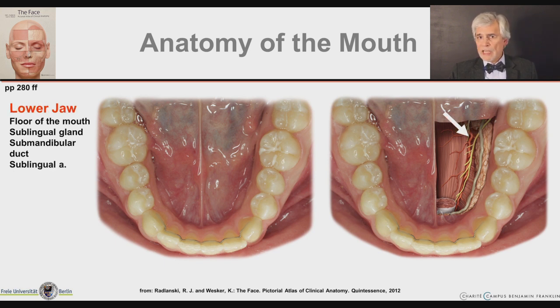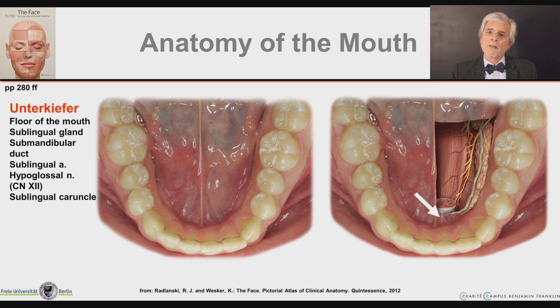The sublingual artery arises from the lodge between the geniohyoid muscle and the sublingual gland, and also the hypoglossal nerve, the 12th cranial nerve, comes in here from the side and from behind and moves into the tongue, which it innervates motorically. In the very front, in pairs on both sides of the lingual frenum, the excretory duct of the sublingual gland, the sublingual caruncula, opens on both sides.